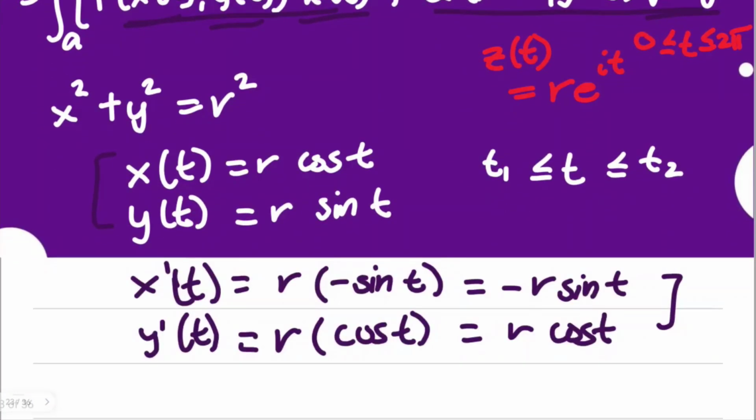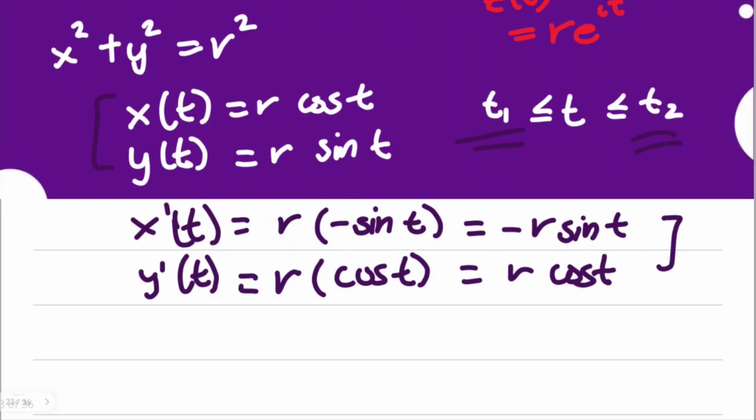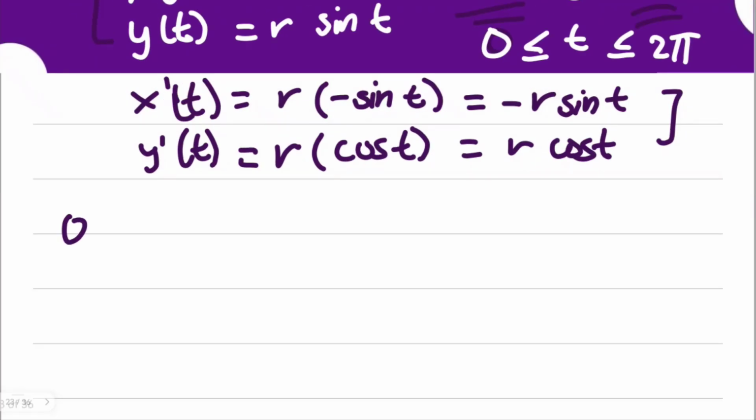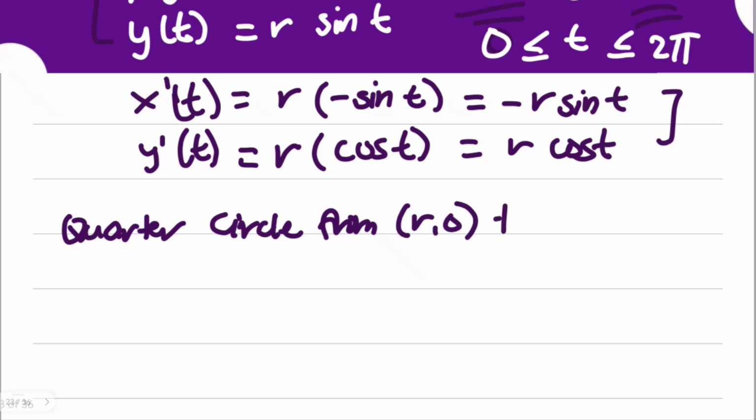As for your a and b, it depends on your path. If the path is an actual circle, a total revolution, this should be 0 to 2 pi radians. But if the example is, say, a quarter circle, just for the purpose of discussion, from r to 0, r, what would be the form of your parameters?